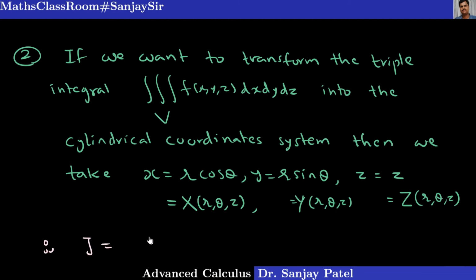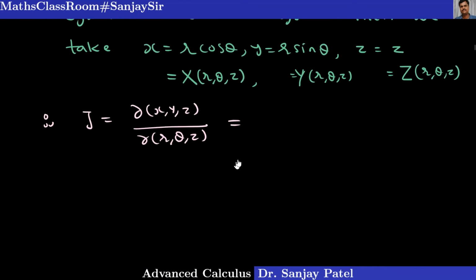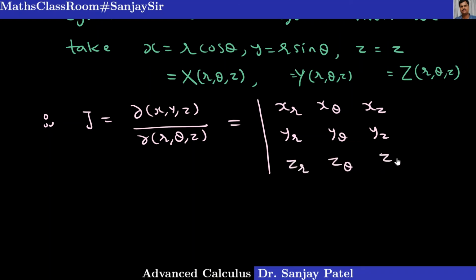Therefore, the Jacobian J of the variables x, y, z with respect to the three variables r, theta and z is given by this determinant: x r, x theta and x z, then y r, y theta and y z, then z r, z theta and z z. The meaning of these symbols are the partial derivatives. So let me write down the values of these partial derivatives and then simplify.